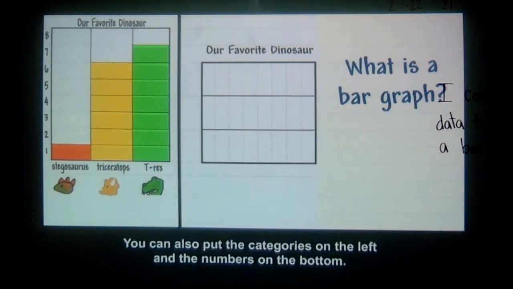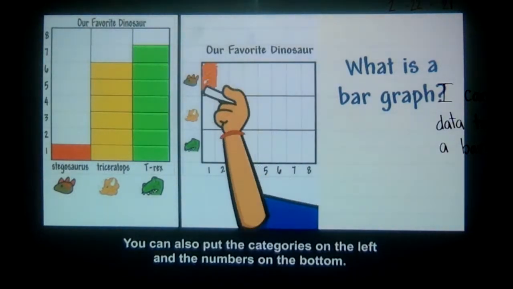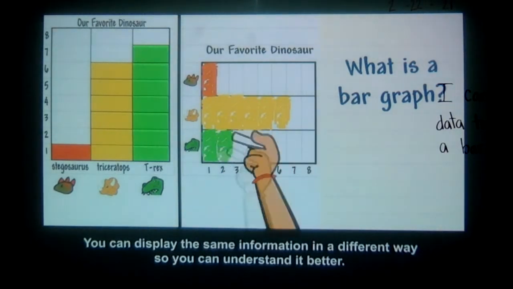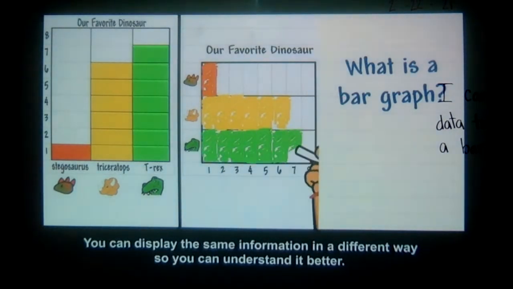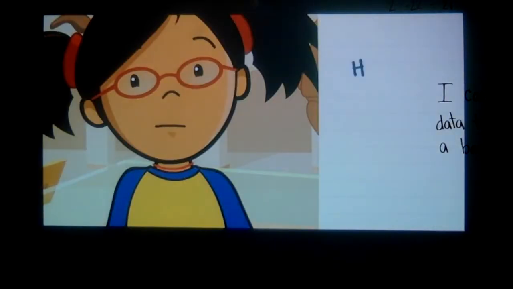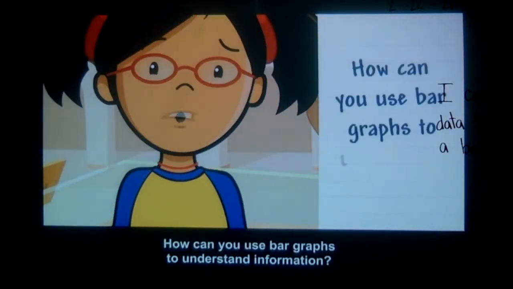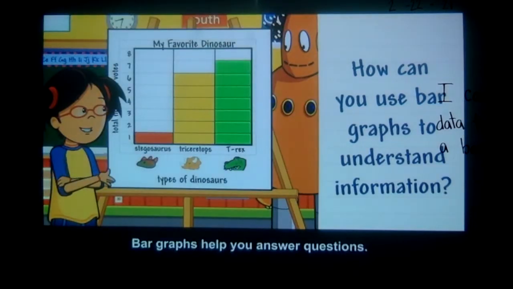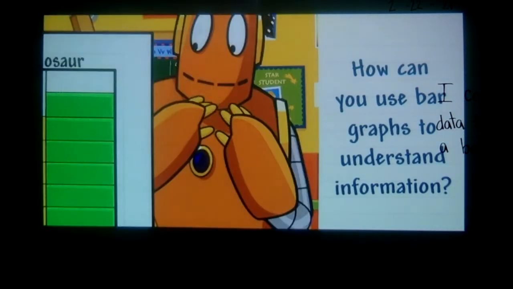You can also put the categories on the left and the numbers on the bottom. You can display the same information in a different way so you can understand it better. How can you use bar graphs to understand information? Bar graphs help you answer questions.